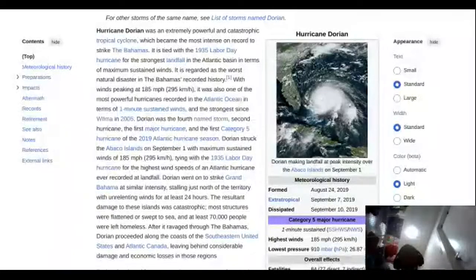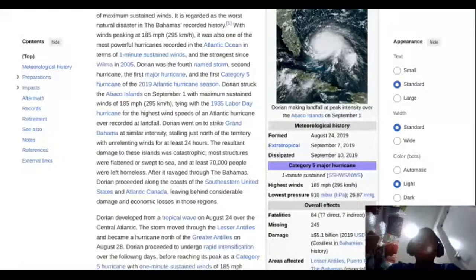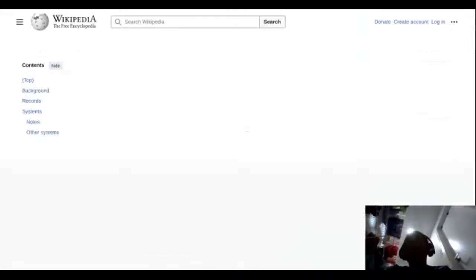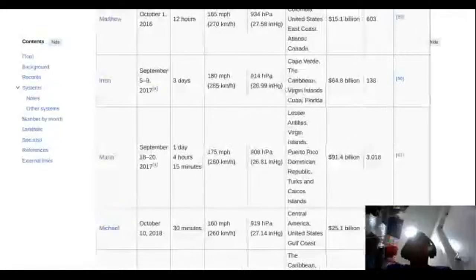Caused a major outbreak for those states for risk of tornadoes. This with 185 miles per hour. This hurricane lasted a day and 6 hours. 7 fatalities. 245 went missing. That's a lot of people that went missing.